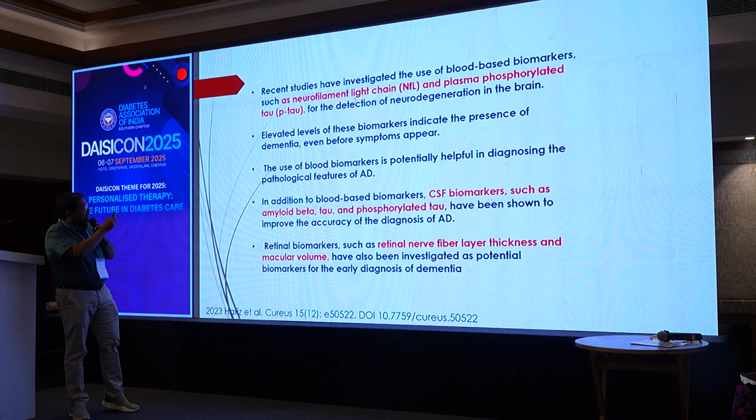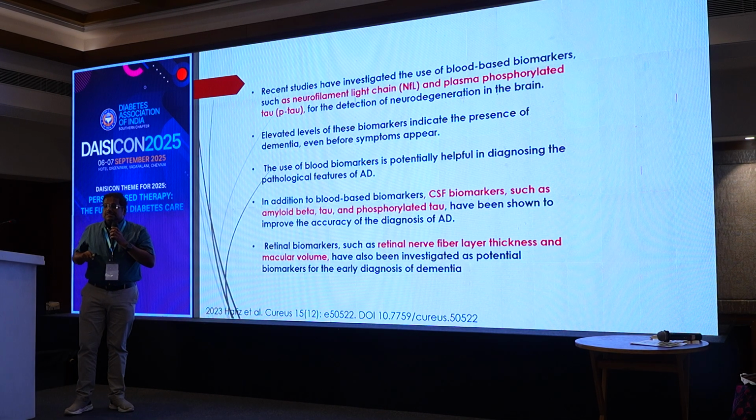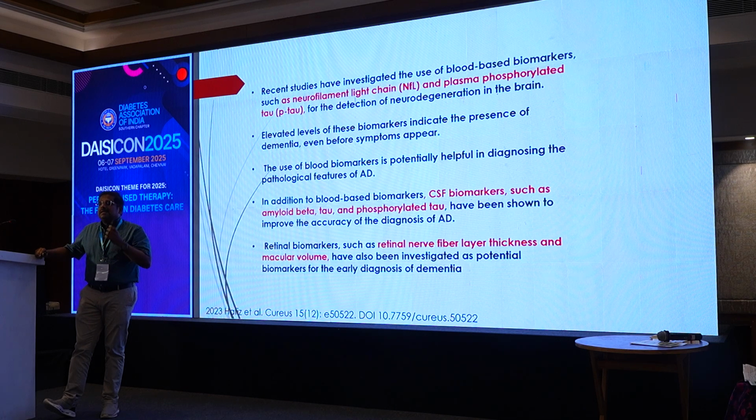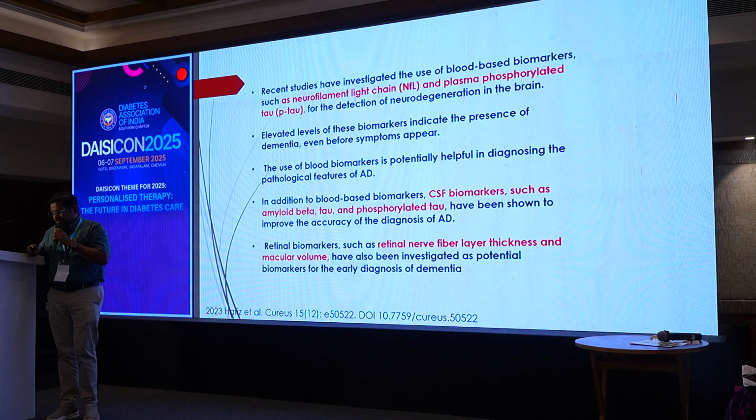CSF-based biomarkers are amyloid beta, tau protein and phosphorylated tau protein. These are some of the biomarkers whose elevated levels indicate the presence of dementia even before the symptoms appear. We can easily pick up the patient's risk of dementia.